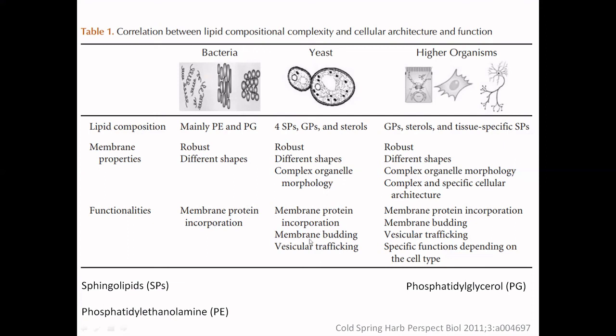And in the yeast, you can see the membrane body and the vesicular trafficking that you see in the higher organisms also. In addition, we see specific functions depending on the cell types. So it is evolving in the compositions, in the properties, as well as the functionalities from the bacteria to the yeast to the higher organisms.